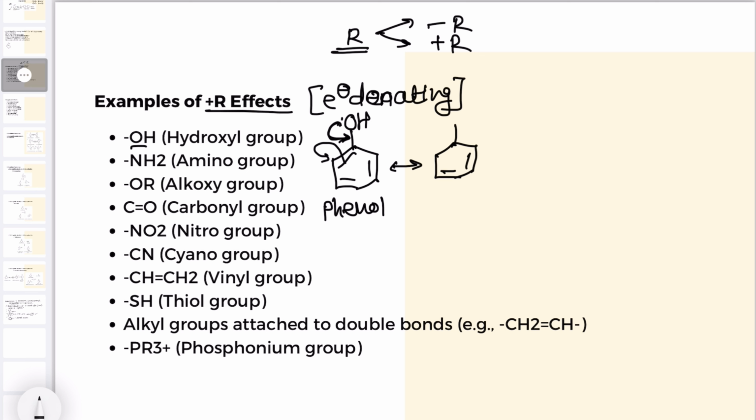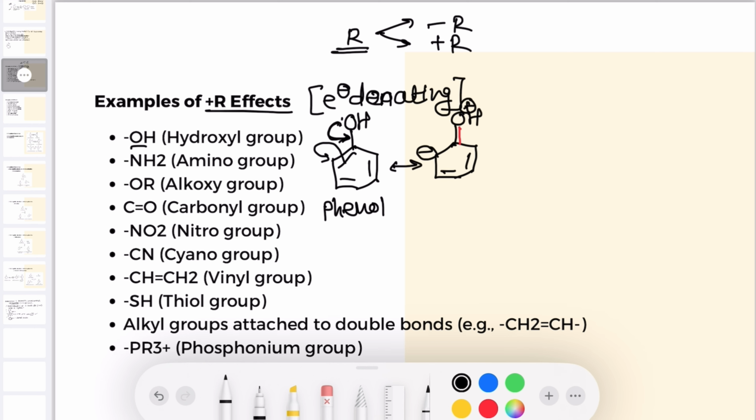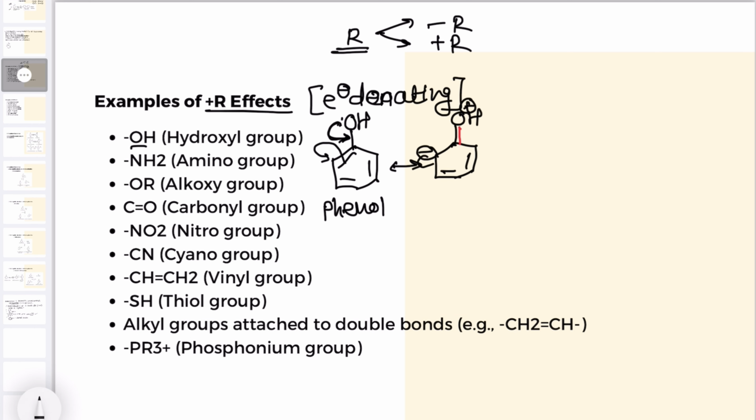Then what happens in the next structure, this remains unchanged, this forms, this remains unchanged, with a positive charge on it. Here the negative charge is there and the positive charge or new bond is formed. Then in the next structure, this bond goes inside the ring and this goes to the corner. Then in the next structure, this bond is formed, this is unchanged.